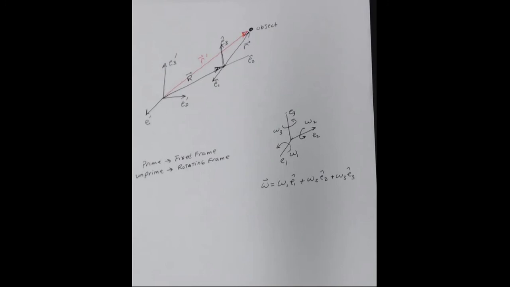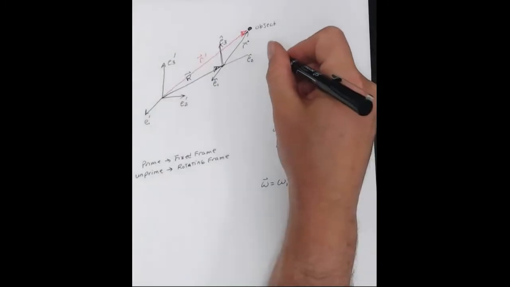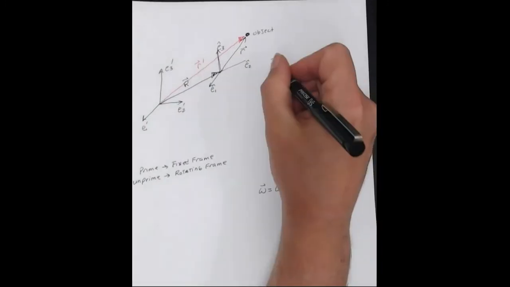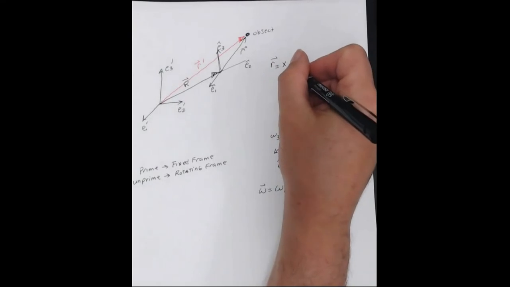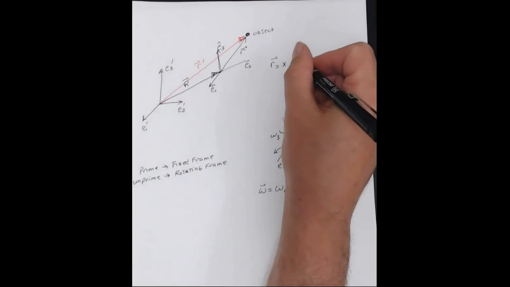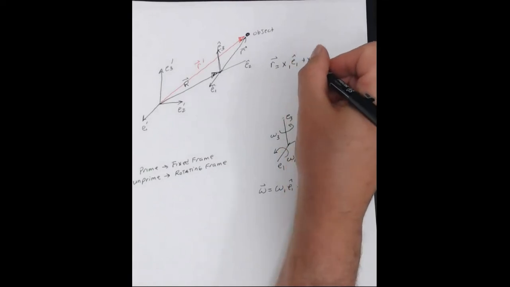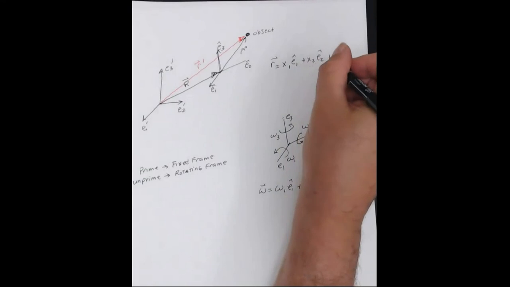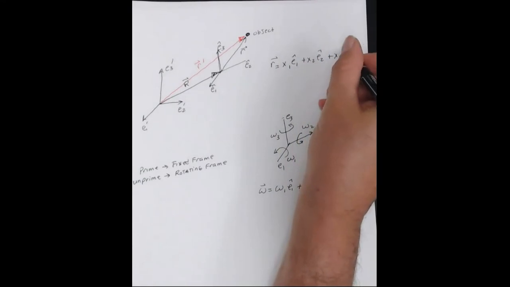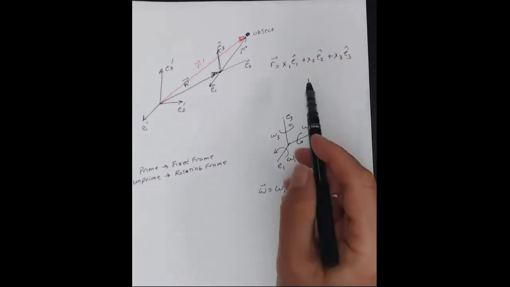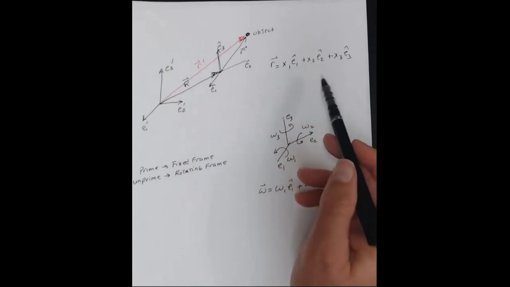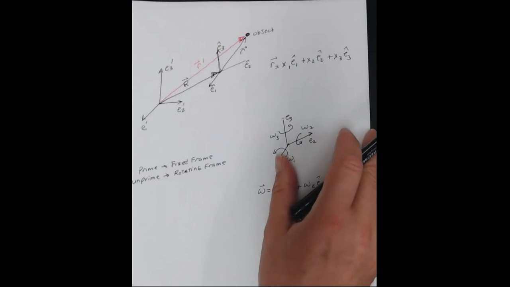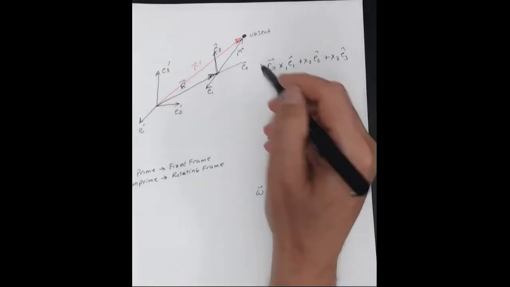So r we'll write as x1 in the E1 direction, plus x2 E2 plus x3 E3. So I'm just keeping the coordinate systems very general. I'm just using x1, x2, and x3. I'm not using x, y, and z or r, theta, phi.